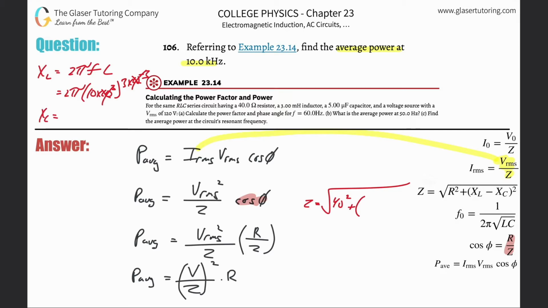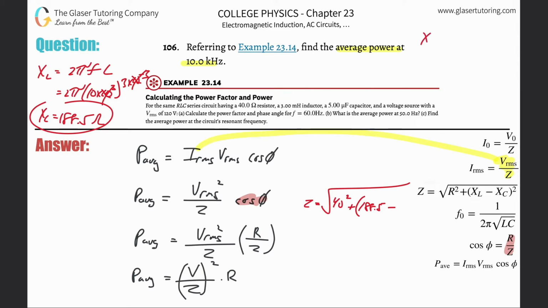So X sub L will be 2 times pi times 10 times 3, which is about 188.5 ohms. Then minus the reactive capacitance.